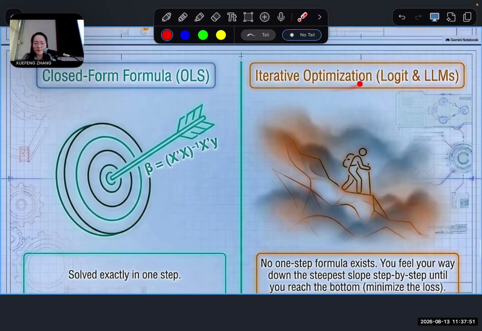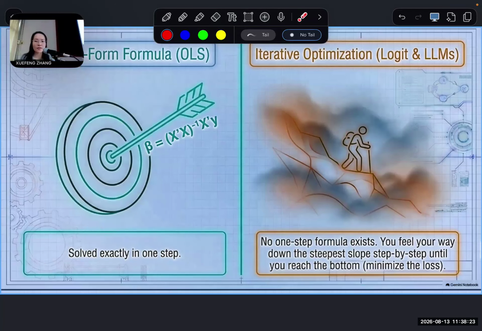Including maximum likelihood estimation, they use iterative optimization. They solve through the first order condition and second order condition you learned from microeconomics, adjusting beta step by step until the likelihood stops improving. That's iterative optimization. There's no formula that gives you the answer directly. You feel your own way down. Do you hike?